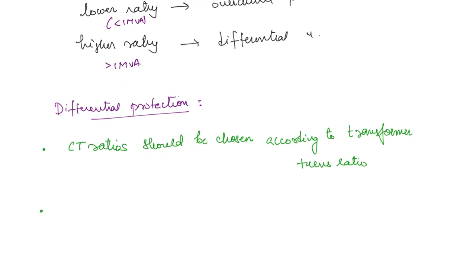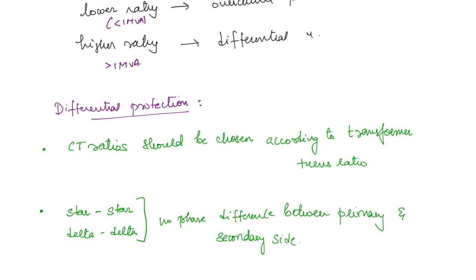The second point is, if the transformer is star star or delta delta, then there is not going to be any phase difference between primary and secondary side.